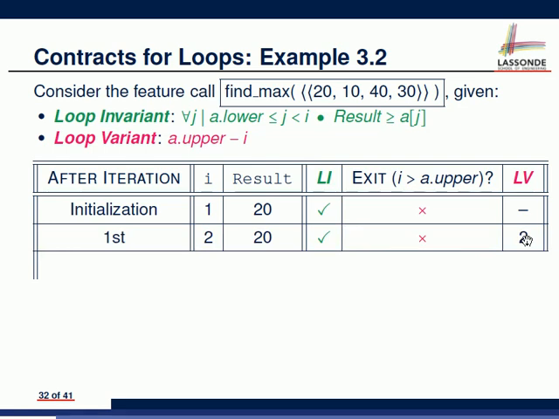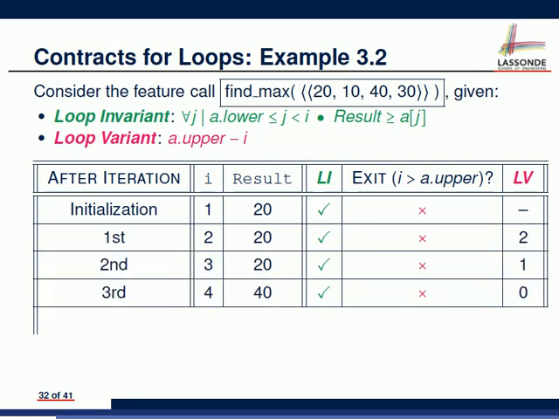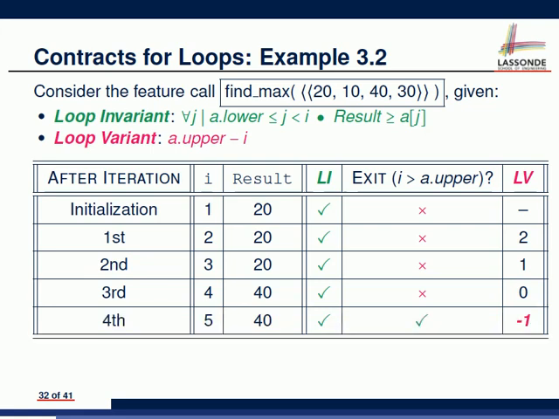Compare it with the previous table: 2, 1, 0, and then when we exit from the loop, which means i is exactly 5, if you say a.upper minus 5, you get minus 1. So this is not good, because as soon as you exit from the loop, the variant must be exactly 0. That's why I said in the very beginning, abstractly speaking, the value of the loop variant tells me how many more iterations are required to be done.